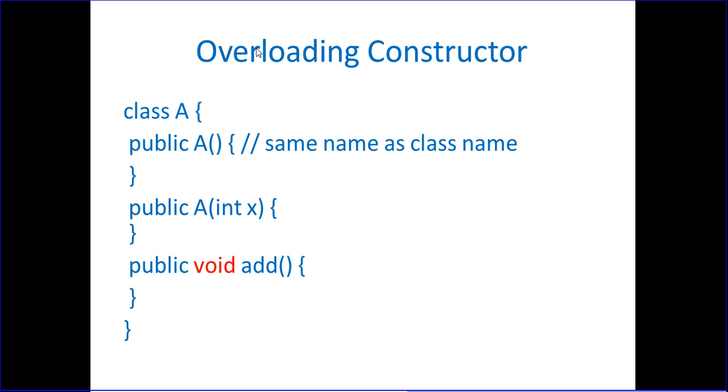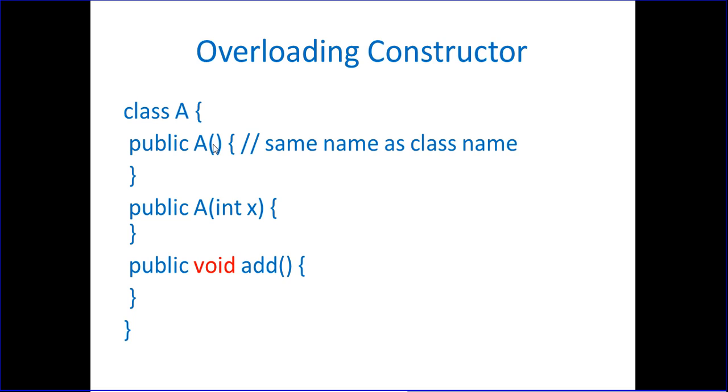So this is a typical example of overloading a constructor. When I say overloading, in a class you will have more than one constructor which has the same name. So this is a constructor, this is a constructor, as it does not have a return type and the name is the same as the class name.